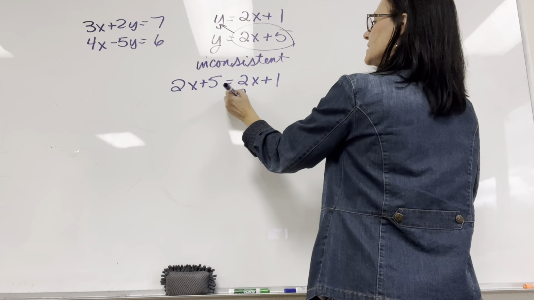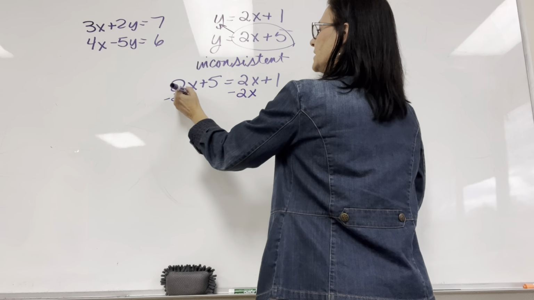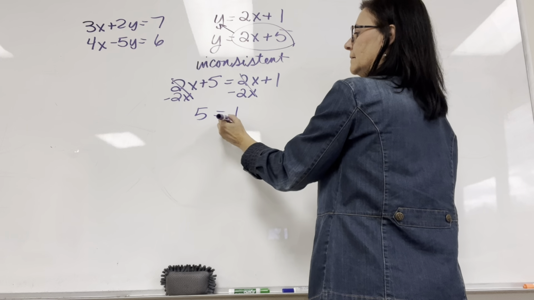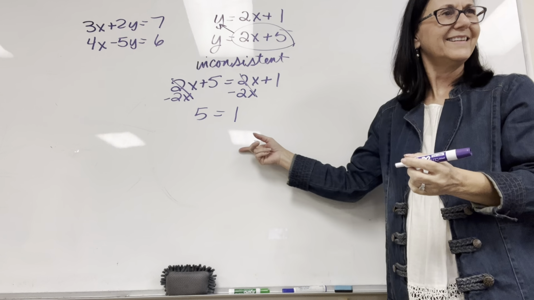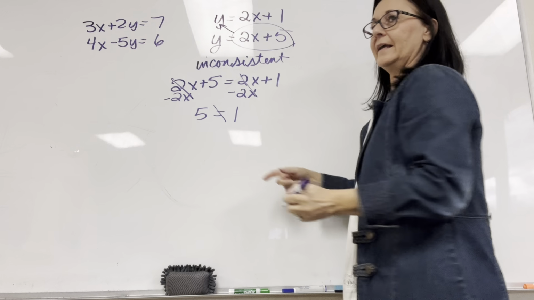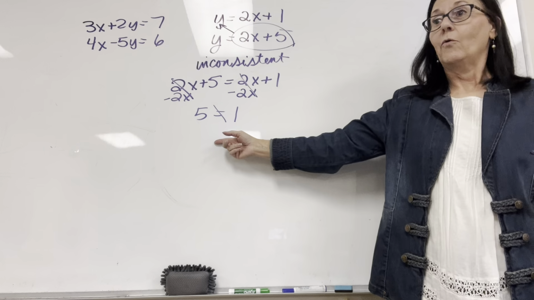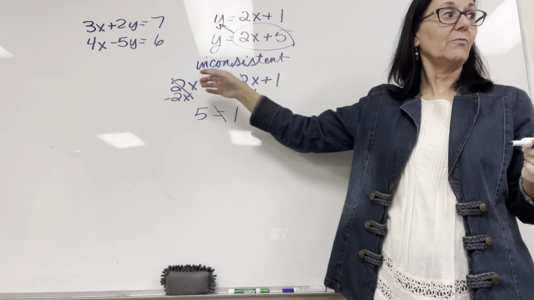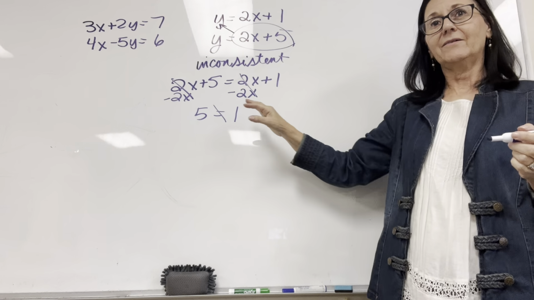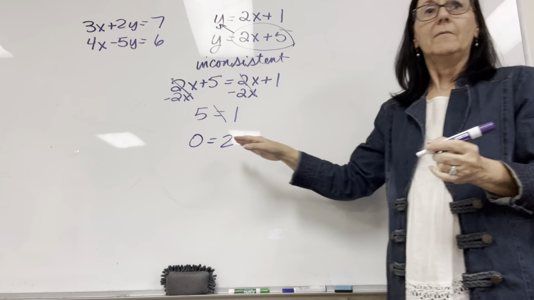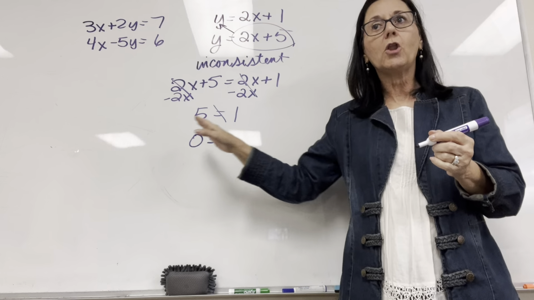When I subtract 2x from both sides, what happens? 5 equals 1, and that doesn't make sense. That's right. It's a fallacy. It will always be inconsistent when you get something that can't equal something. You might have 0 equals 2, but it's illogical.